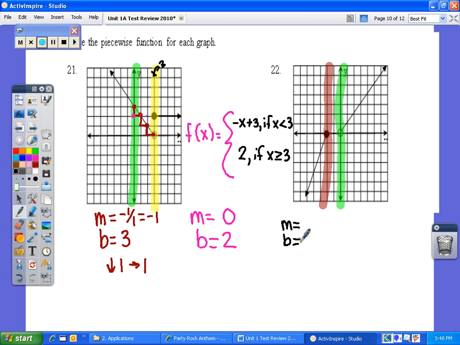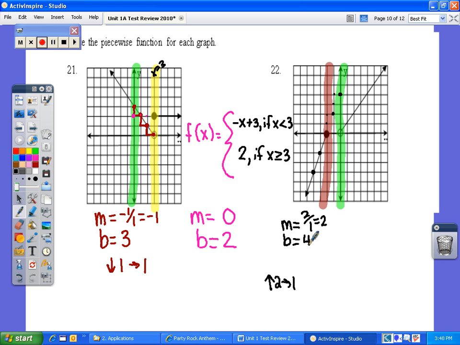So our M, first we can get our M. If I make some dots, it looks like it's going up 2 over 1, up 2 over 1. So since it's going up 2 over 1, my slope is 2. Now for me to get my y-intercept, I have to keep counting up 2 over 1, up 2 over 1. And surprisingly, it's at 1, 2, 3, 4.